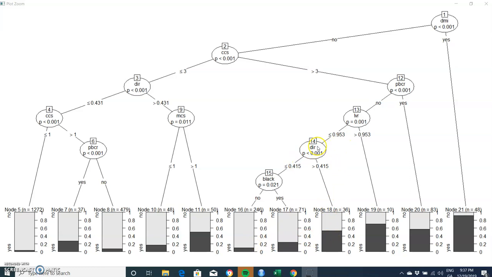Again, another factor here is the ratio of monthly debt payment to total monthly income. If that's a bit high, then chances of being rejected are increased. If it's low, it improves. And then this last factor here is black, which denotes ethnic group.